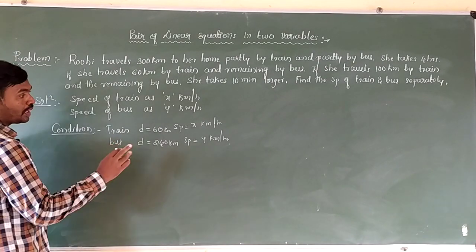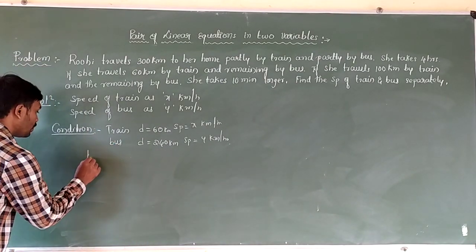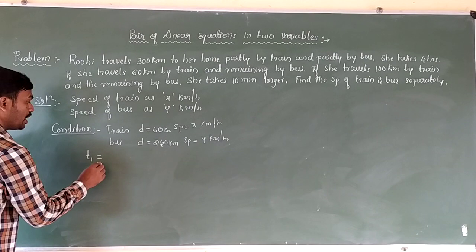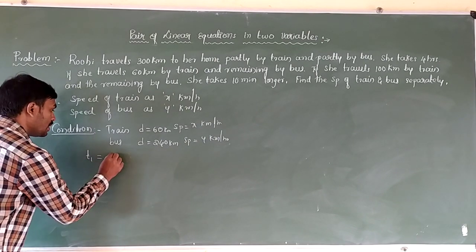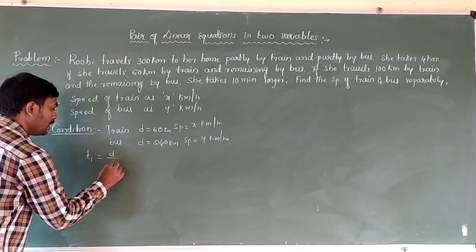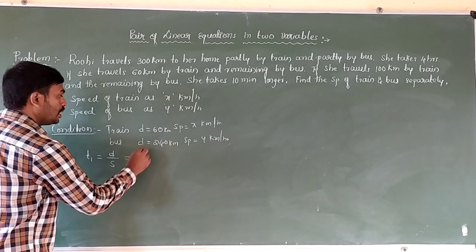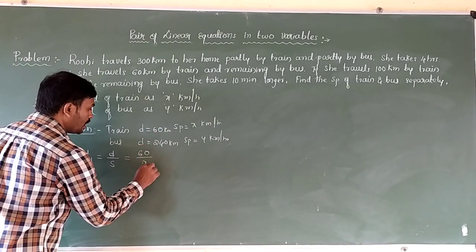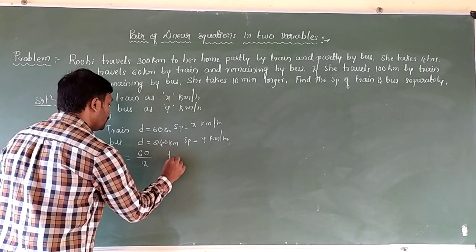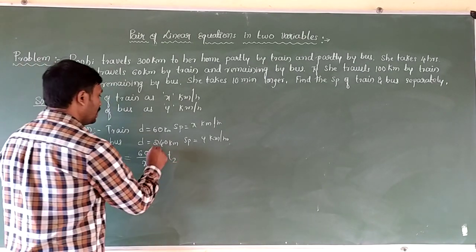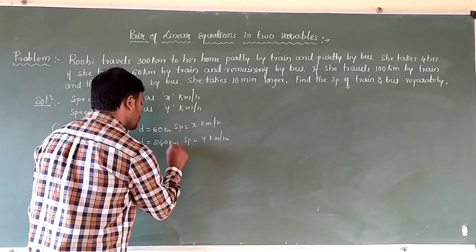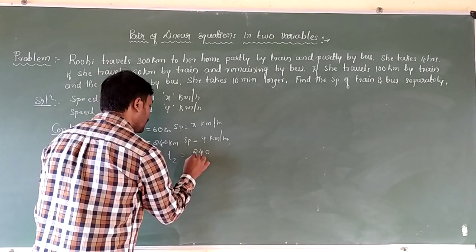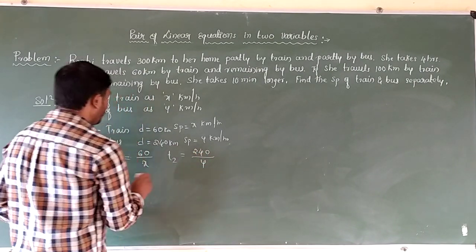So we have to calculate 2 times here. T1, that is by train, is equal to distance divided by speed, so this is equal to 60 by x. And T2, that is by bus, is equal to distance 240 divided by y.